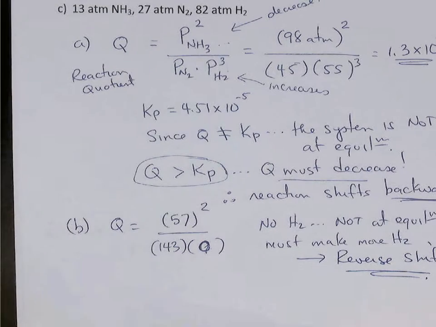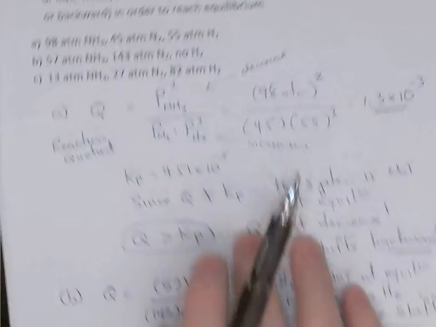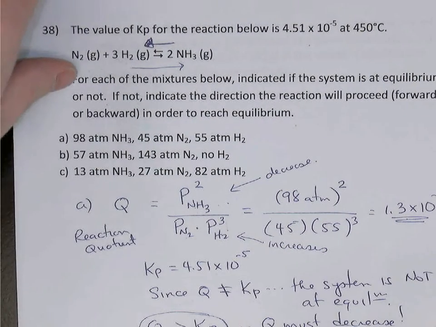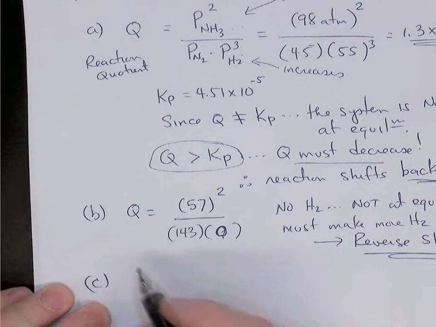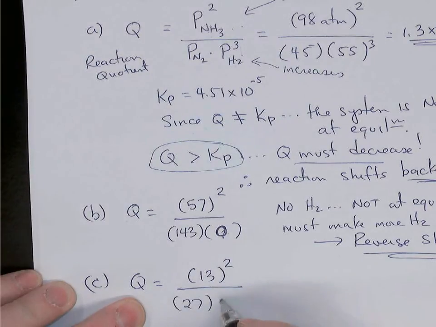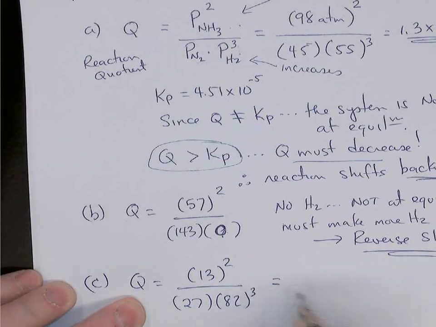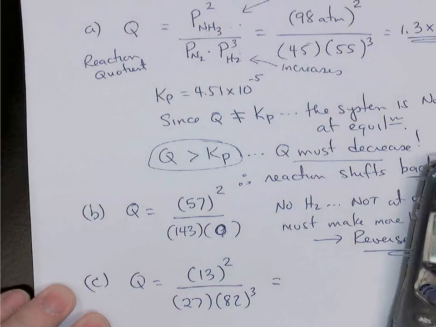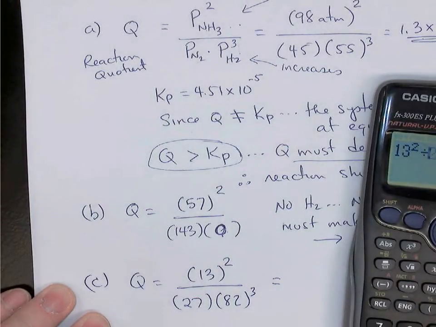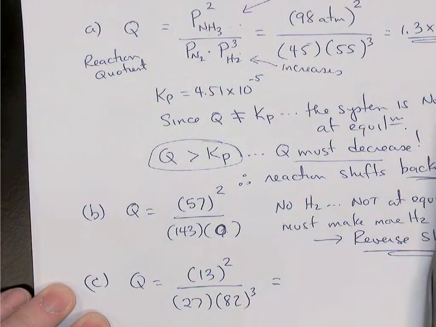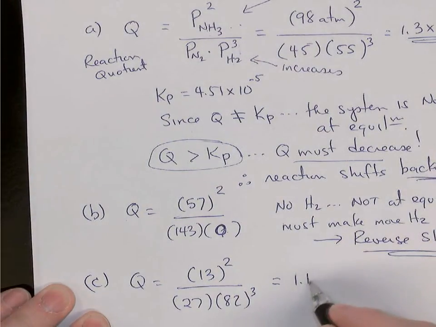Okay. Part C, this one has all three things present again, 13 atmospheres of ammonia, 27 nitrogen, 82 hydrogen. So if we plug those values in, all three of them, we get Q equals 13 squared over 27 atmospheres times 82 cubed. Be sure you're plugging things into the right places in your expression. So 13 squared, divide by 27, and divide by 82 cubed, and we get 1.13 times 10 to the minus 5.